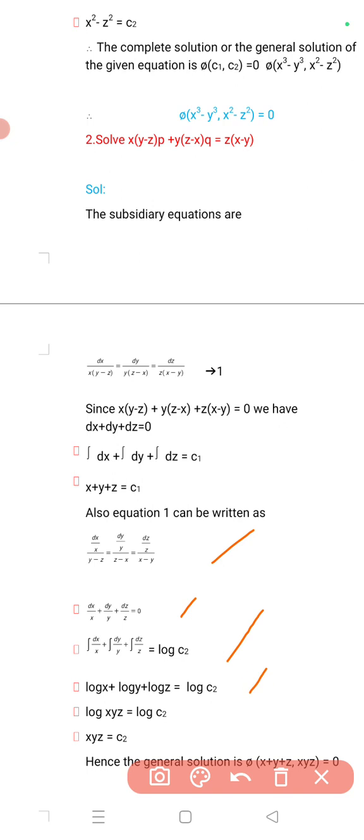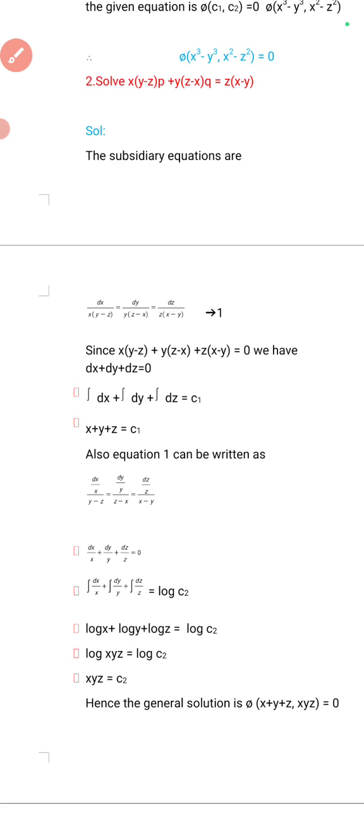So here I am not taking c2, I am taking just log c2 to maintain the common counterparts. So log a plus log b plus log c is log abc. In the same way, log x plus log y plus log z is equal to log xyz is equal to log c2. So finally what can I conclude? xyz is equal to c2.